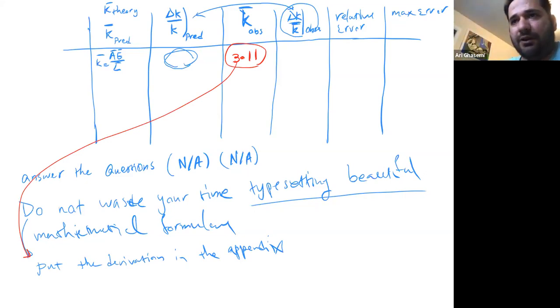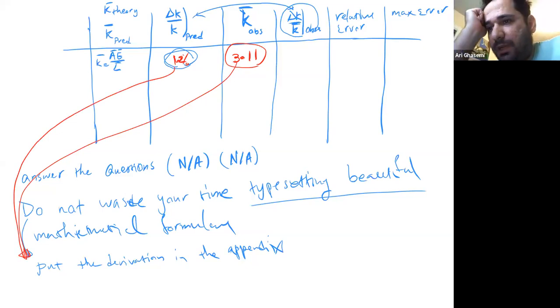I want to see every number here, like 1%, 1.2%. For example, I want to see how you got that 1.2%. That's the reason I say please include all your scratch paper. Whatever you have done in this lab, just take a photo and include it in the report, so I can see your thought process. Okay?